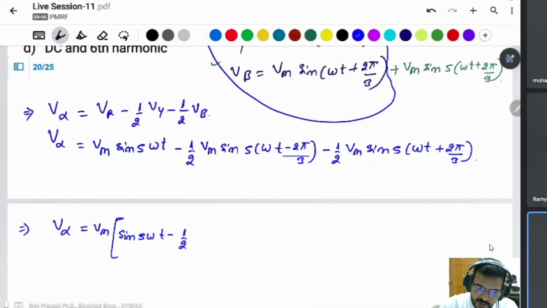Same thing, sin(a+b), you can open this one. Sin 5ωt into cos of 2π/3, not 2π, because of the 5 multiplication, it is there, then 10π/3.